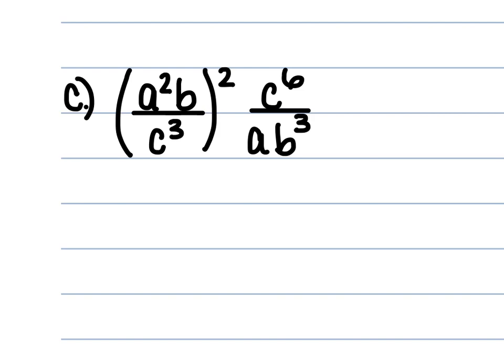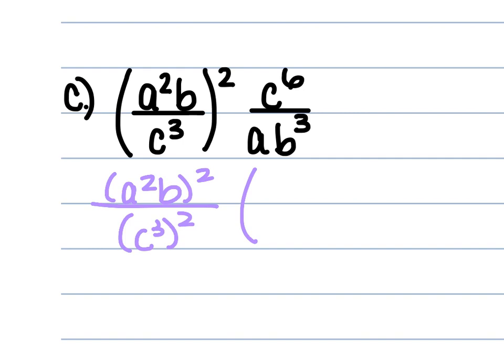So if we look at c, we have a squared b over c cubed, all raised to the 2nd power, times c to the 6th power over ab cubed. So we're going to raise the a squared b to the 2nd power, as well as the c cubed to the 2nd power, and then multiply that by the c to the 6th power over ab cubed.